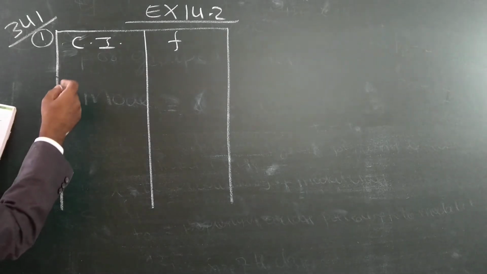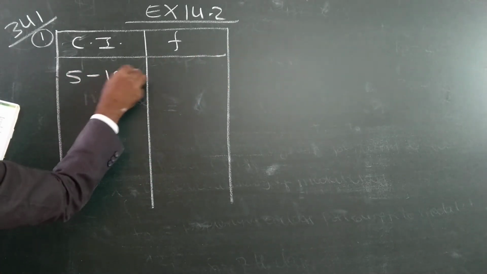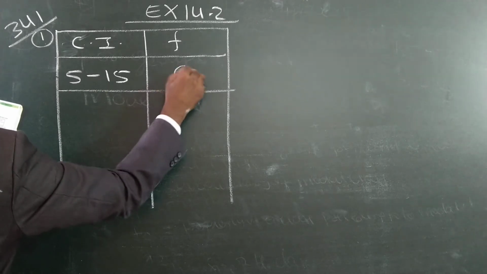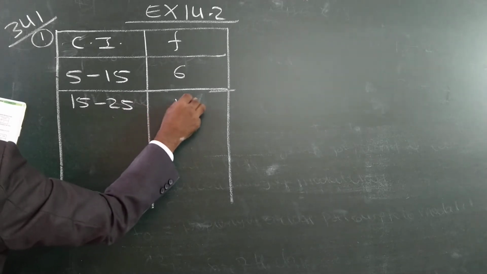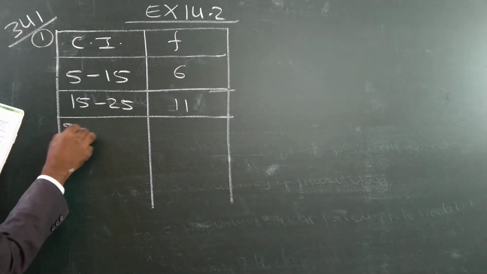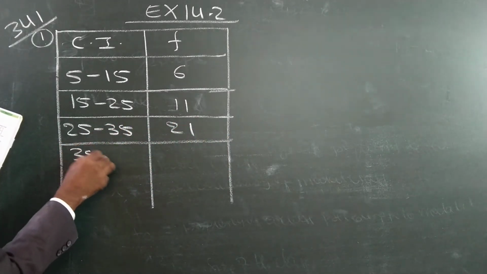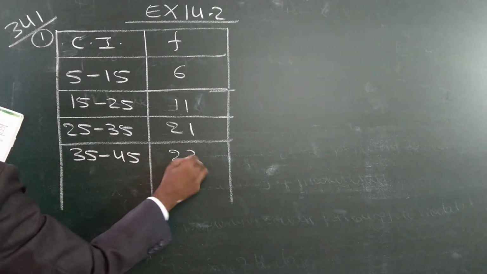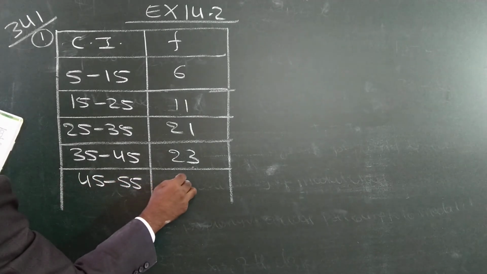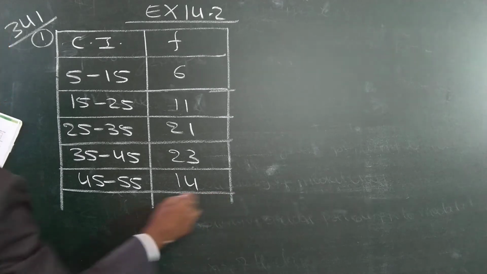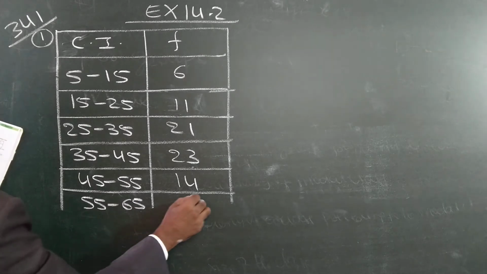Class interval: 5 to 15, 6; 15 to 25, 11; 25 to 35, 21; 35 to 45, 23; 45 to 55, 14; 55 to 65, 5.